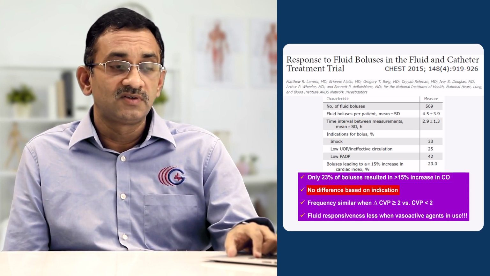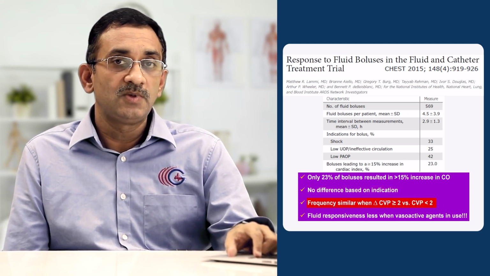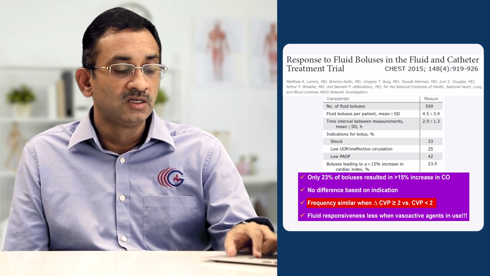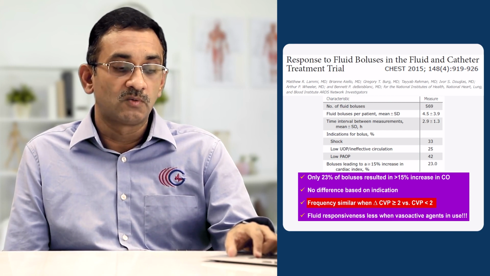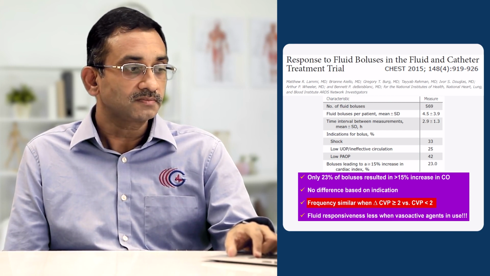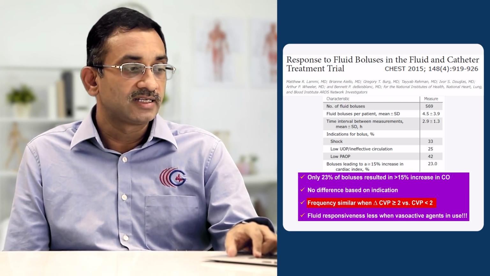There was no difference in terms of the responsiveness, whether the change in CVP was less than 2 or more than 2. There was no difference in the responsiveness rate despite whichever indication the fluid bolus was given for. You can see that the parameters pre-bolus and post-bolus are essentially the same.